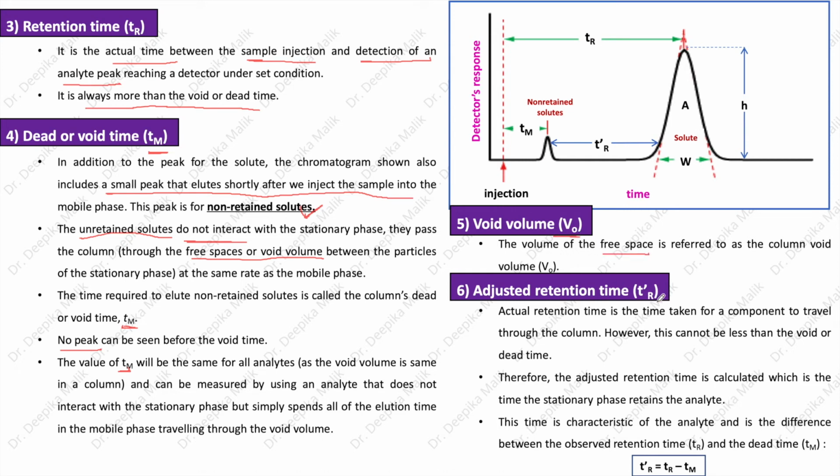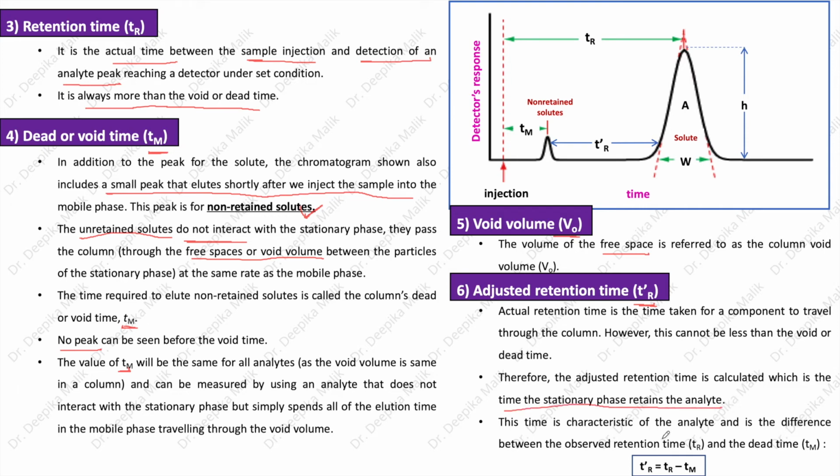Adjusted retention time. Actual retention time is the time taken for a component to travel through the column. However, this cannot be less than the dead time, as I told earlier also. This is obviously because a retained analyte will take more time compared to the non-retained analyte. Therefore, the adjusted retention time is calculated, which is the time the stationary phase retains the analyte.